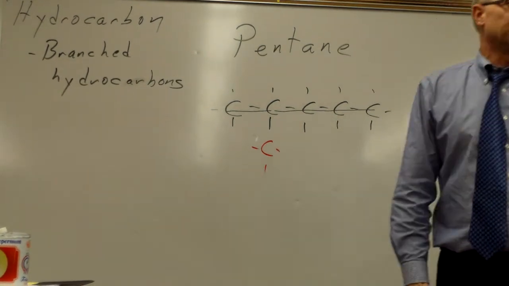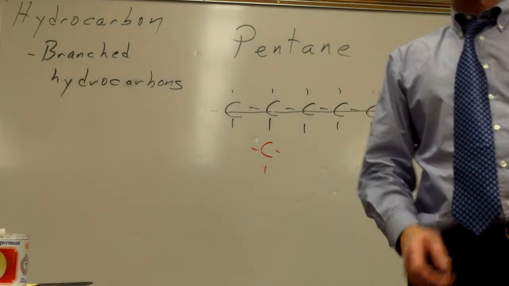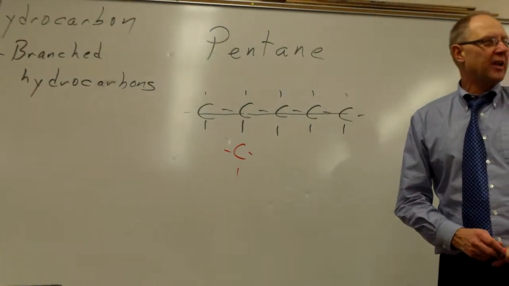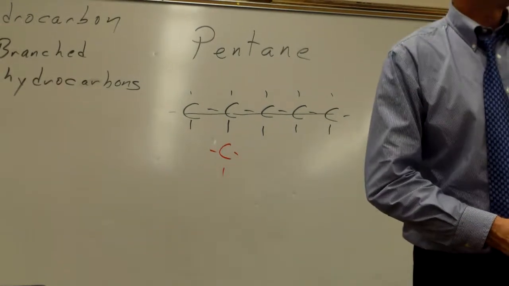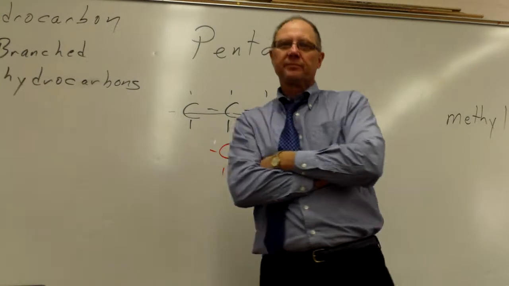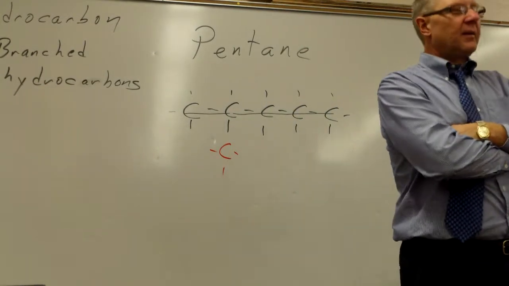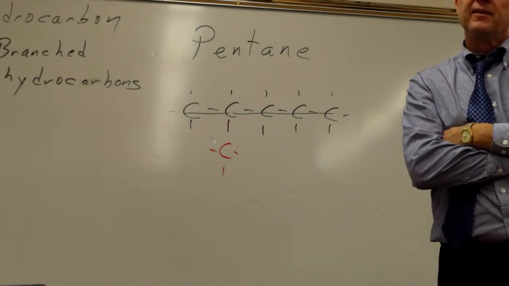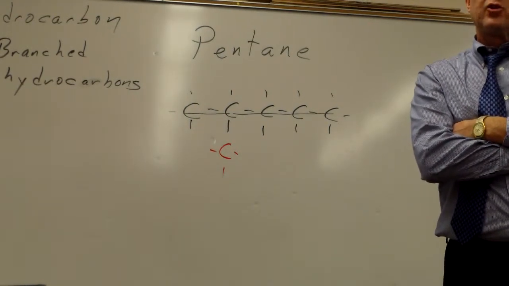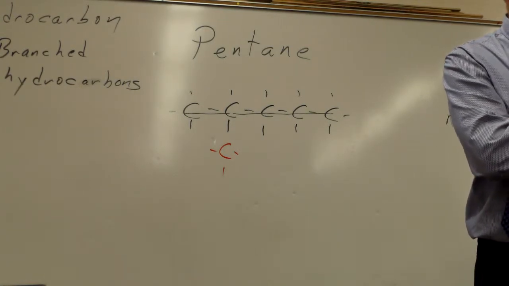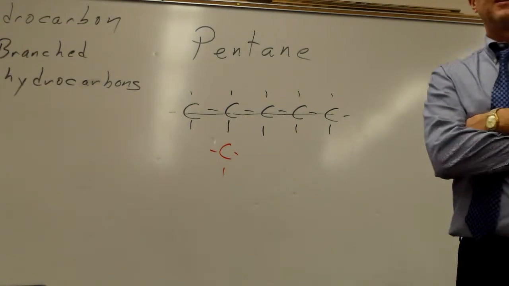So that's rule number 3. Rule number 3, number your main chain in such a way that the side chain is on the lowest numbered carbon.